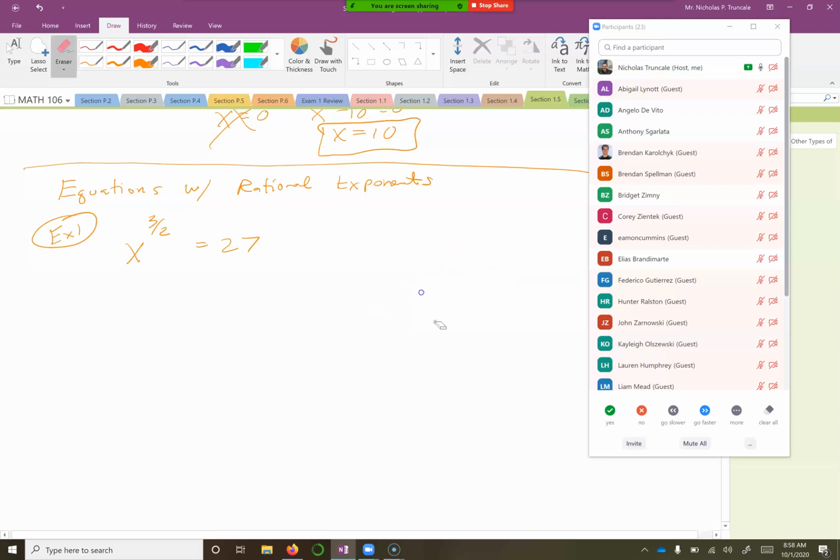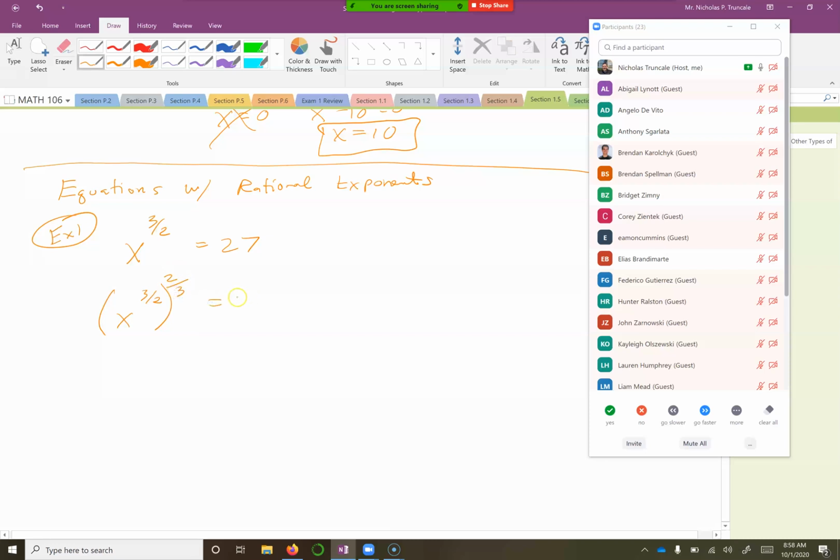So here's how you would do this. What I would do here with x to the 3/2, if I wanted to neutralize the 3/2 exponent just to get x by itself, I would raise it to the reciprocal exponent.